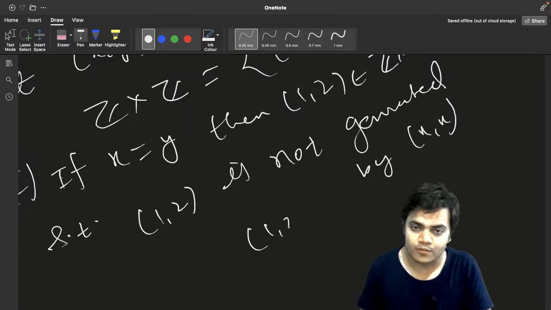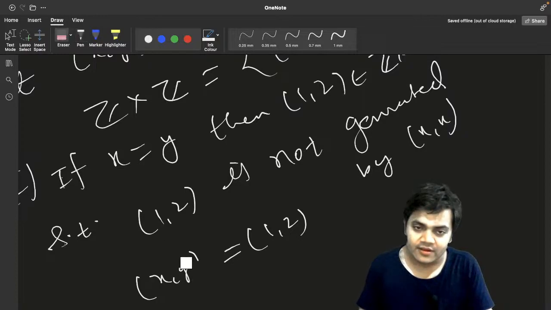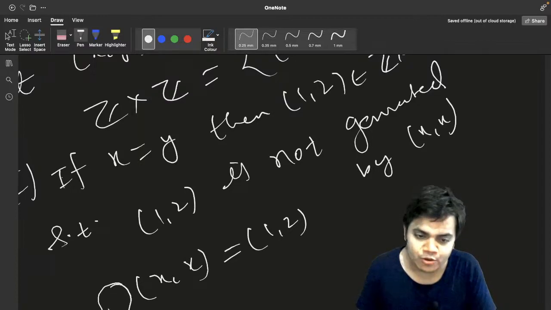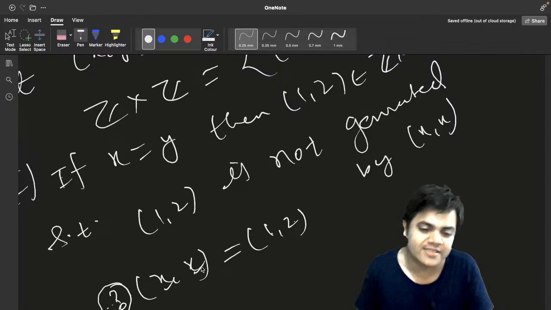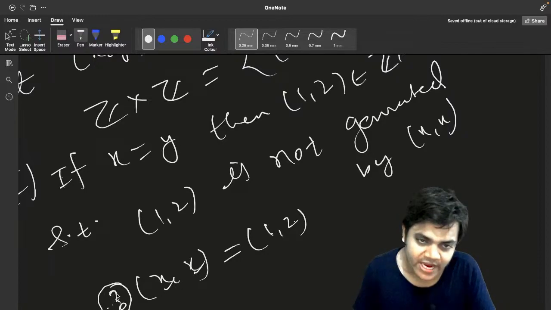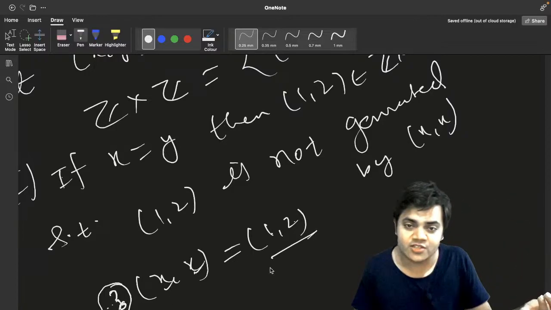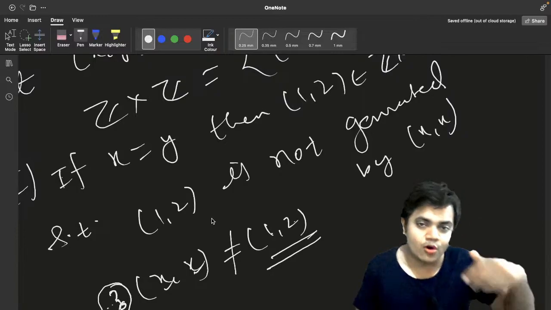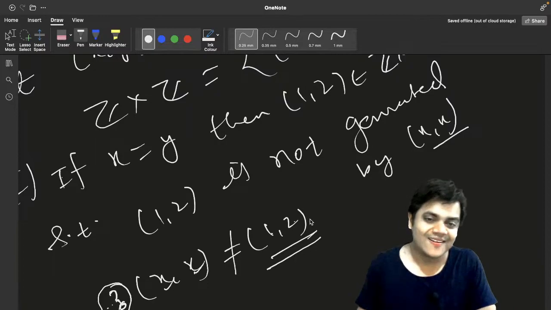Because if we have (1, 2) and let's say (x, x), then if you put any positive integer over here, you are not going to get (1, 2), because at this place x and at this place x only. Therefore, we cannot take (x, x) as the generator for this (1, 2), isn't it?